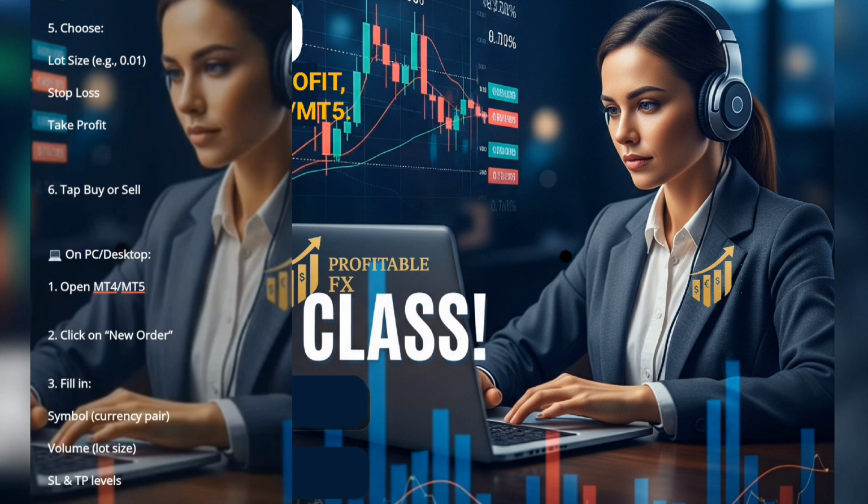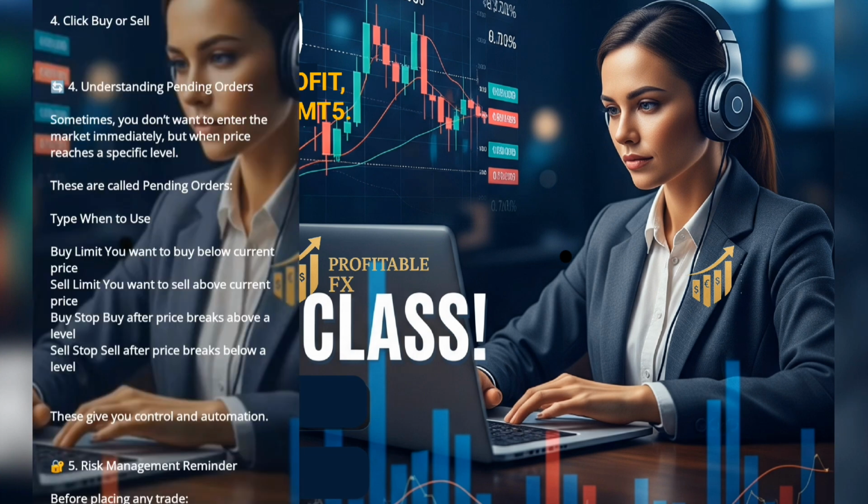Take profit. 6. Tap buy or sell. On PC/desktop. 1. Open MT4 MT5. 2. Click on new order. 3. Fill in symbol, currency pair, volume, lot size, SL and TP levels. 4. Click buy or sell.